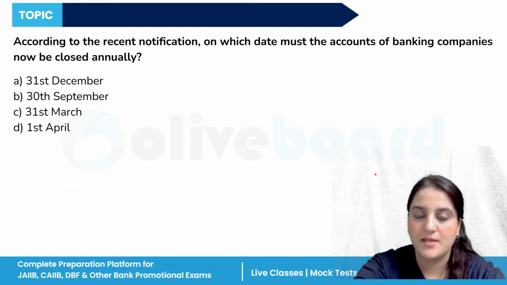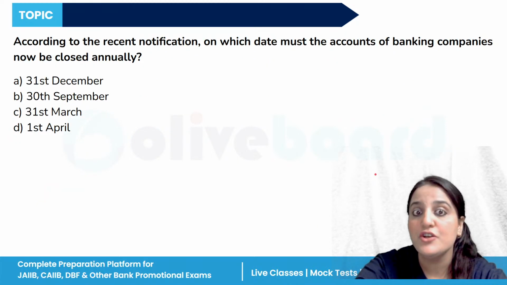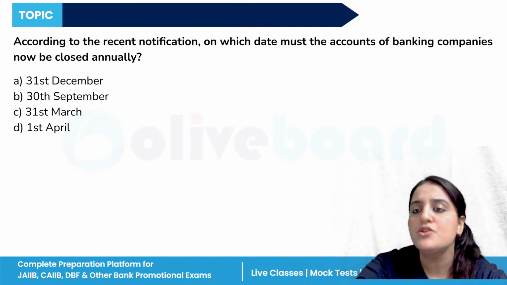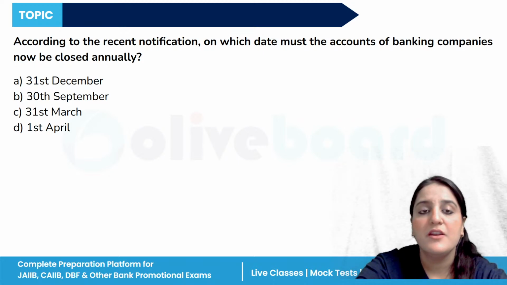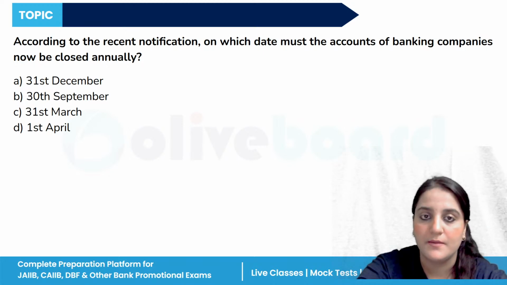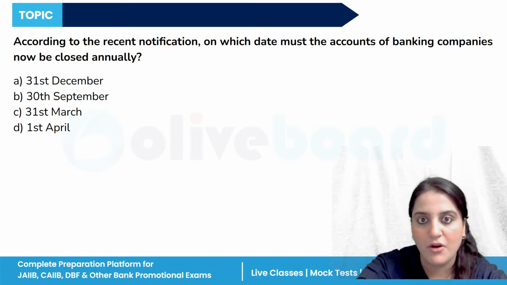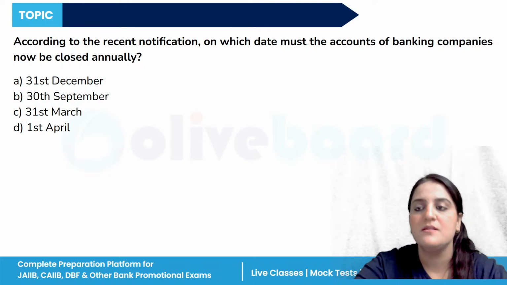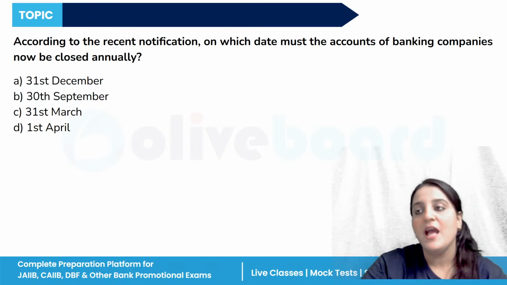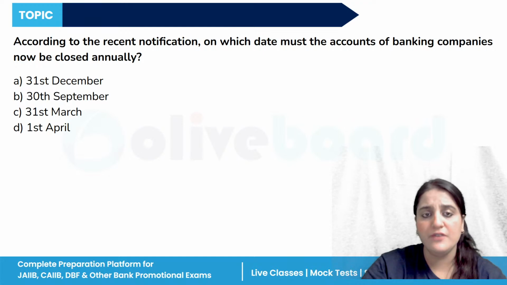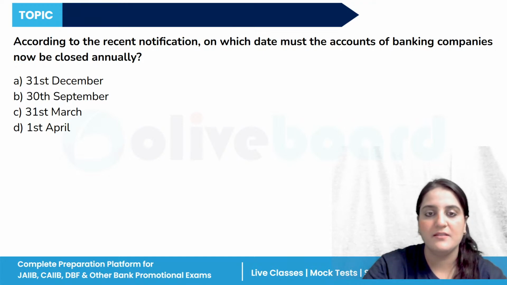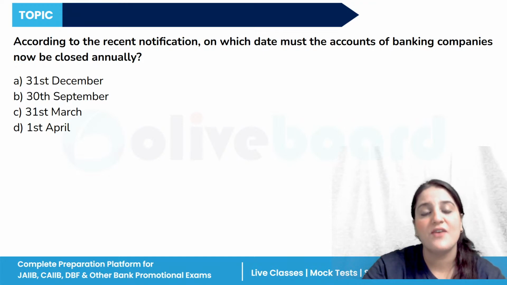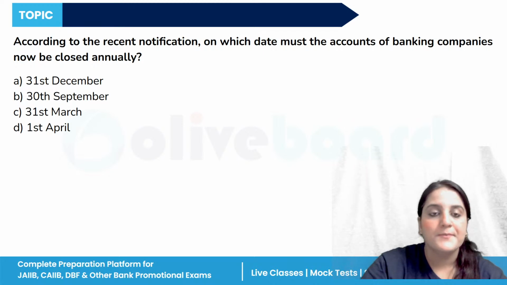The next question is: according to the recent notification, on which date must the accounts of banking companies now be closed annually? And also sorry for the voice, because I have a little bit of a cold, that's why the voice has changed.